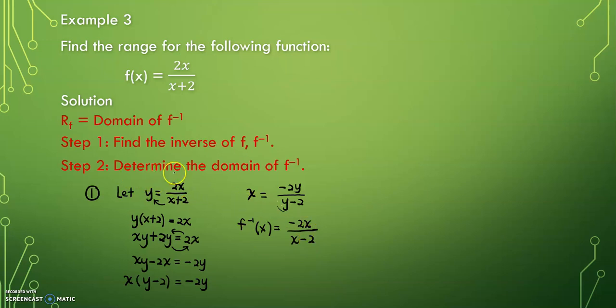In our second step, we will determine the domain of f inverse. So in our second step, our f inverse is a fraction, or we can call it a rational function. In order to find the domain of f inverse, we will let the denominator not equal 0.